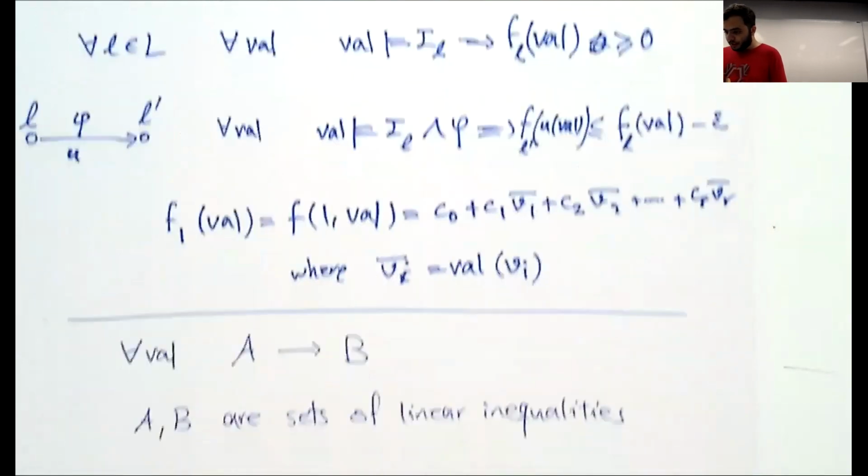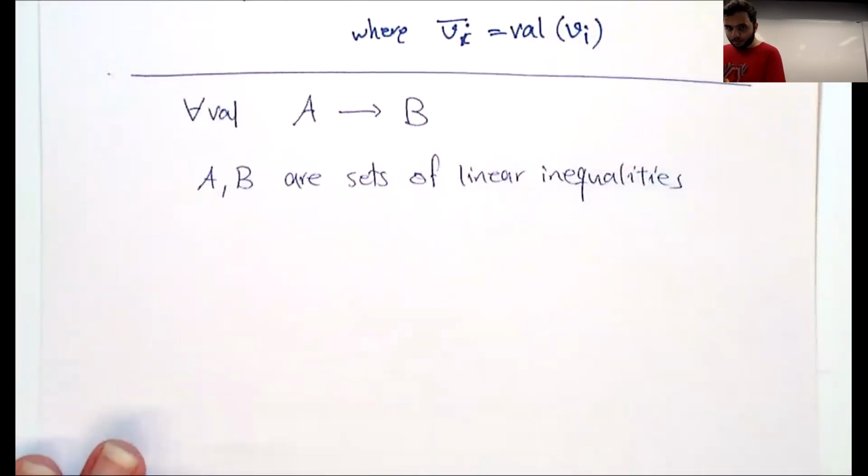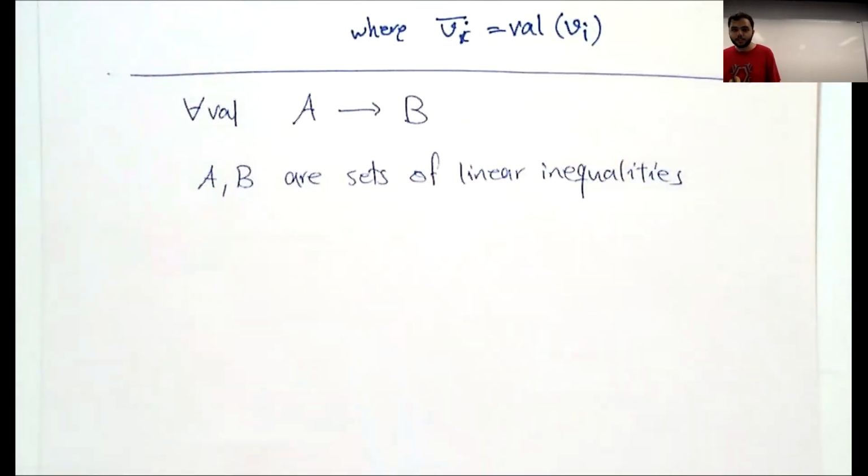Okay? So all of my constraints are of this form. All of my constraints say that for every valuation, if a bunch of linear inequalities, which I call A, hold, then I should have another bunch of linear inequalities, which are B, hold as well.